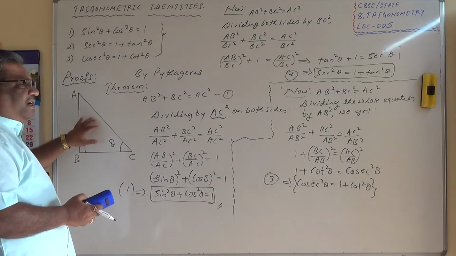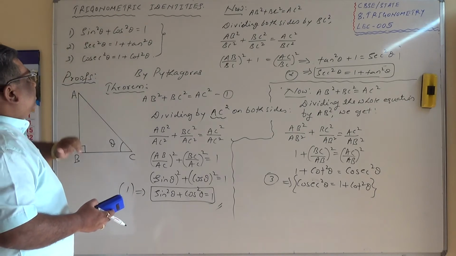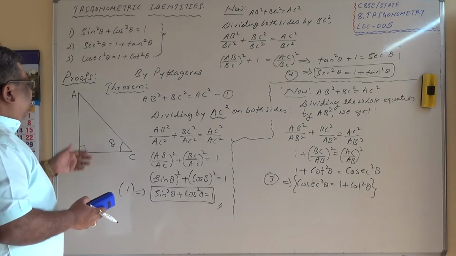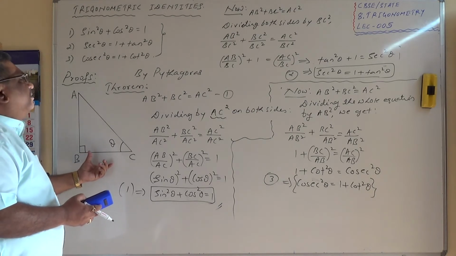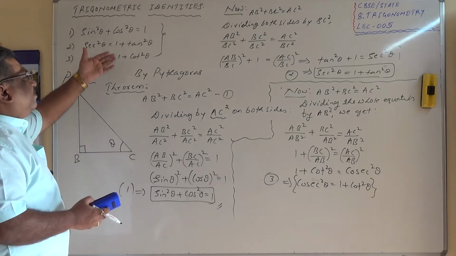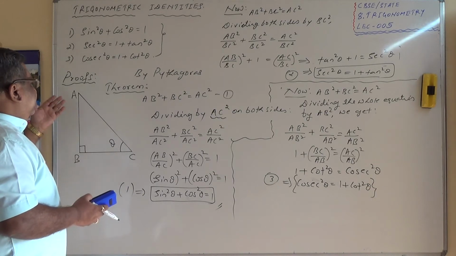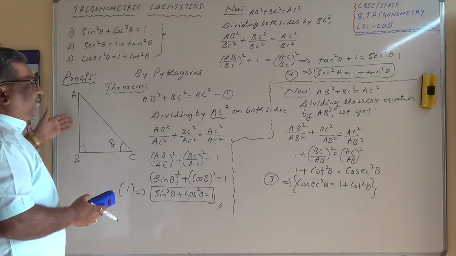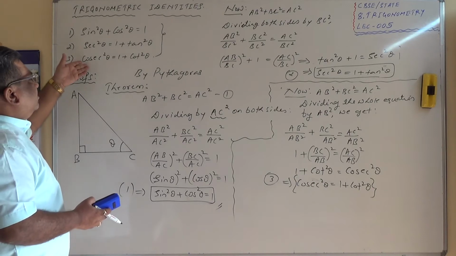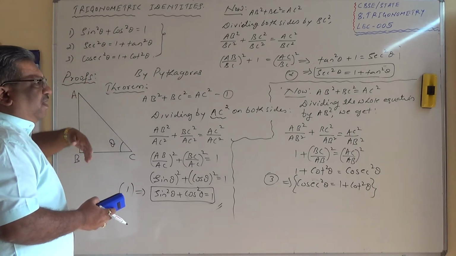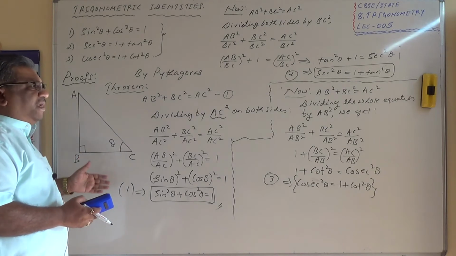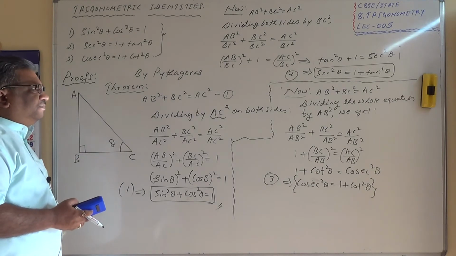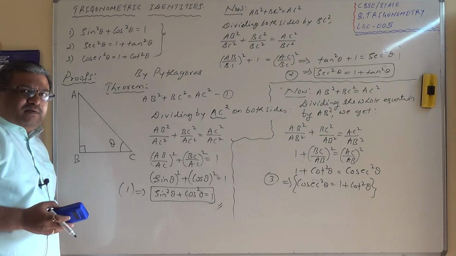Divide by square of the hypotenuse to get sin square plus cos square equals 1, and divide the same equation by square of the adjacent side to get sec square theta equals 1 plus tan square theta, and divide the same thing by square of the opposite side to get cosec square theta equals 1 plus cot square theta. So this is how we can derive these equations. Make a note of this one. Pause the video and make a note.